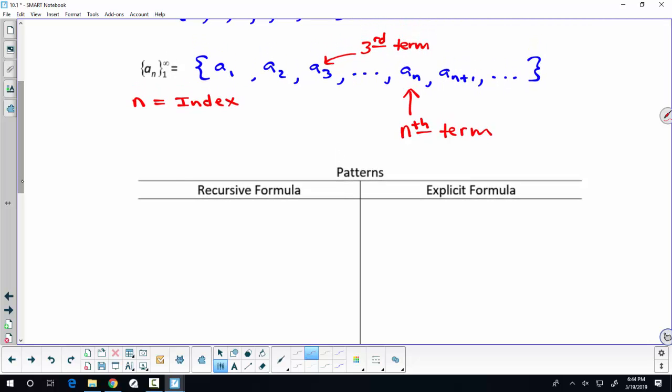Okay, so for lists of numbers, there's two ways that we look at representing those. Recursive formula, and recursive just means that the next term is based on a previous term or terms.